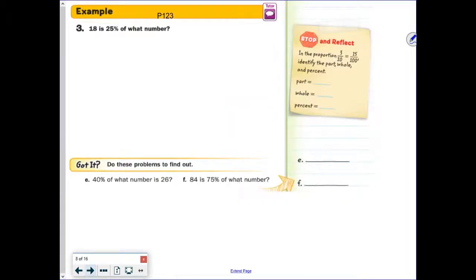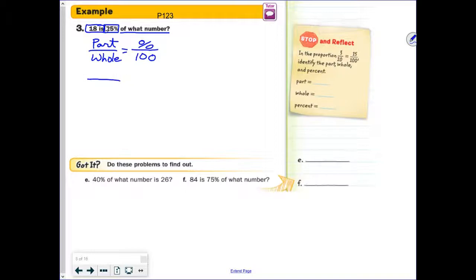It says here, 18 is 25% of what number? 25 is my percent, which means 18 goes with is, and we are missing the of. So again, using part over whole equals percent over 100, we can set up a proportion with the numbers that we have.